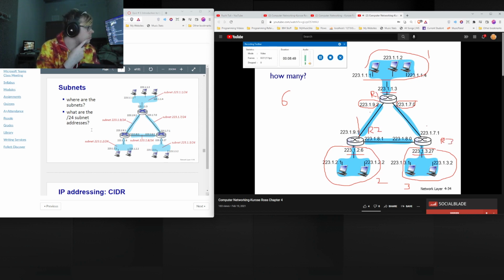The subnet created between the addresses 223.192 and 223.191, between routers 1 and 2, is the fourth subnet. Then the fifth subnet is created between router 2 and router 3. Then the sixth subnet is created between router 1 and router 3. So the total number of subnets is 6 over here.